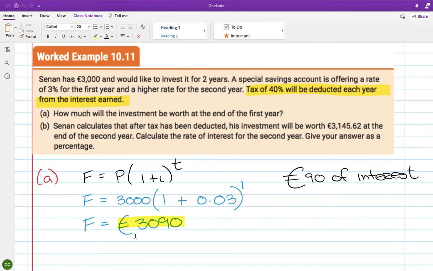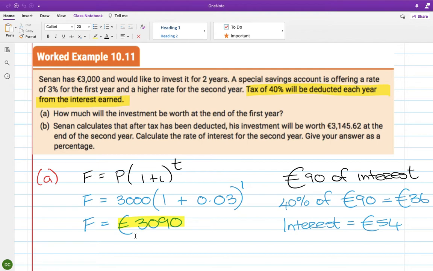Okay, but he has to pay tax on that, so he's going to lose 40% of that €90 in tax. So 40 divided by 100 multiplied by 90, that's €36 that he's going to lose. So his interest is actually only going to be €54.